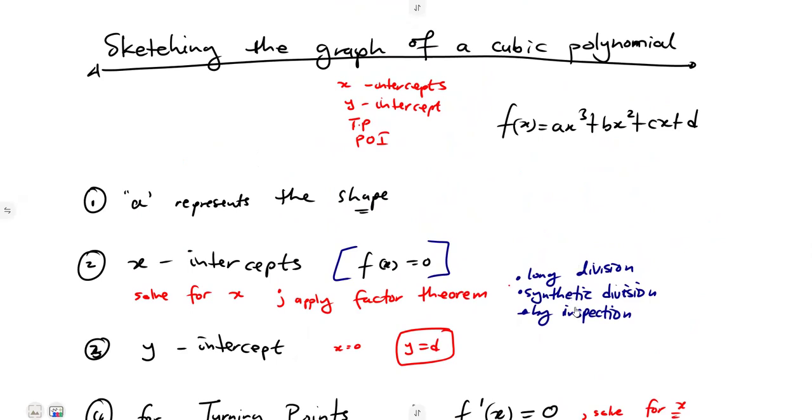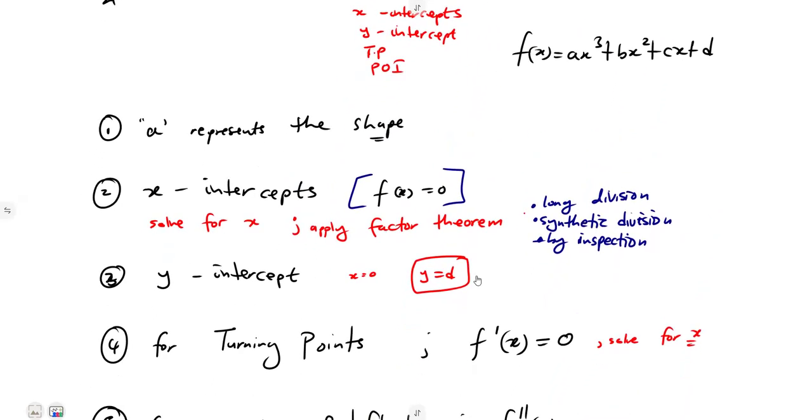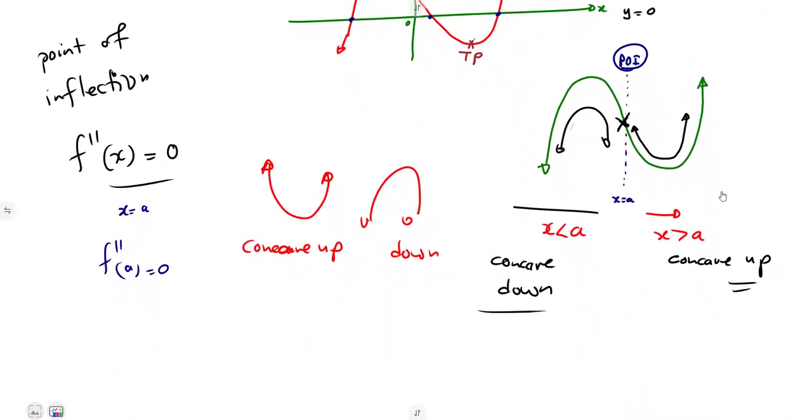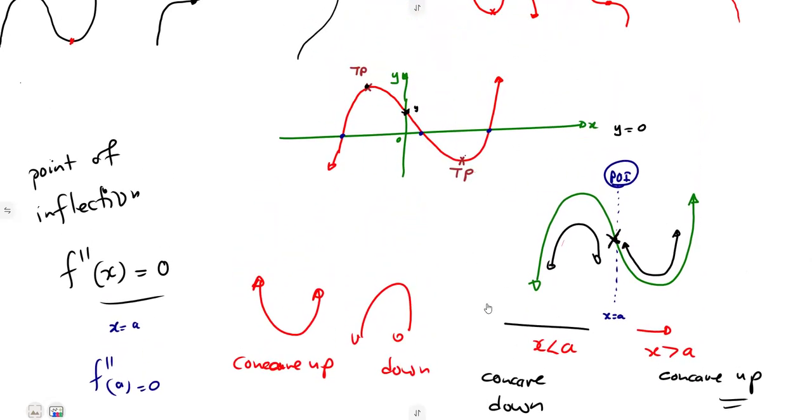The point of inflection is the one that is going to help us to tell whether the graph is concave up or down. That's an aspect which is on its own, this part of being concave up and so on. So let me just list these ones because we talked about the turning points here.